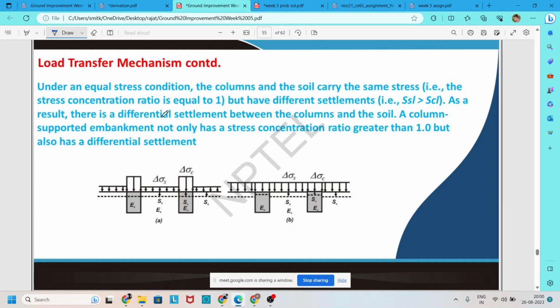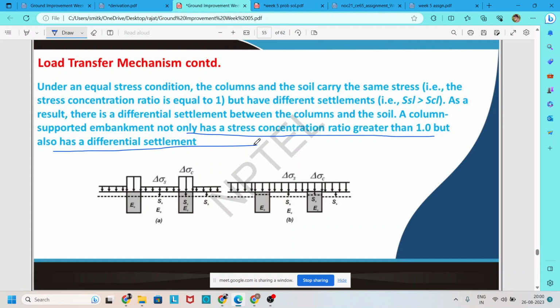But this will not happen in the case of an embankment when you use this column at an embankment. Because in an embankment, not only is the stress concentration ratio greater than 1, that means the stress on the column is higher than the surrounding soil, but there is also differential settlement.